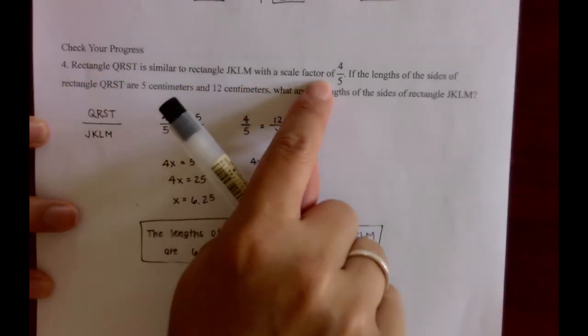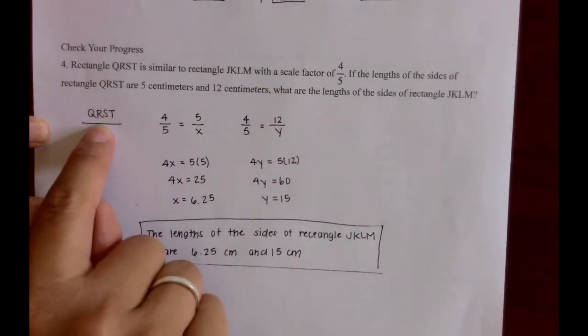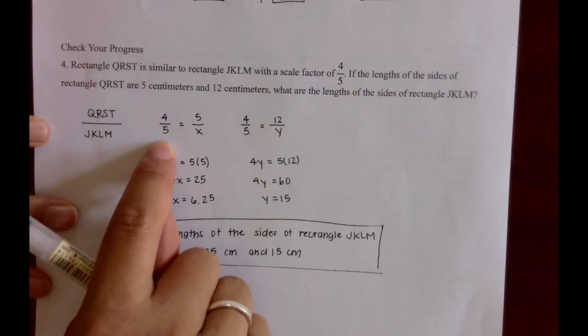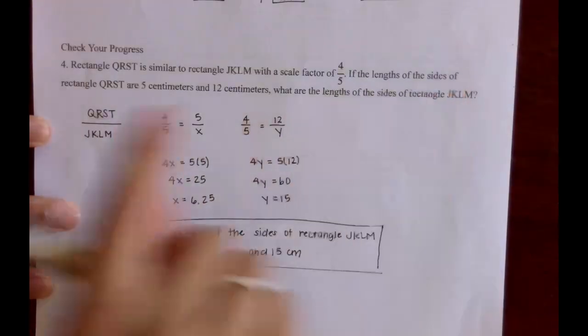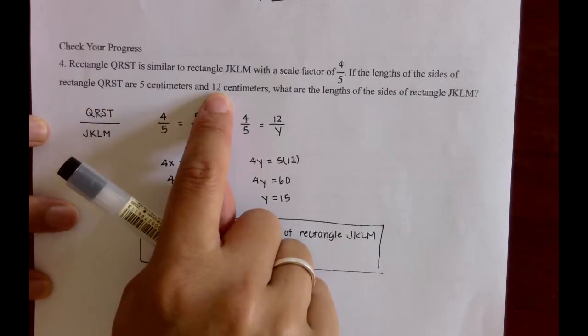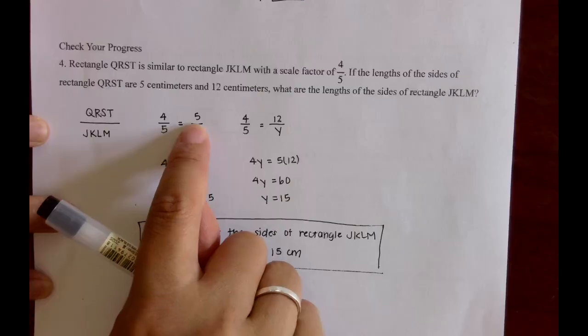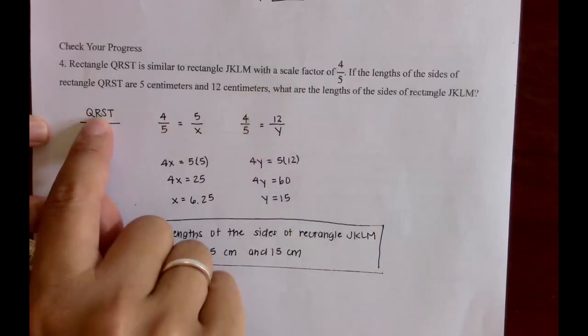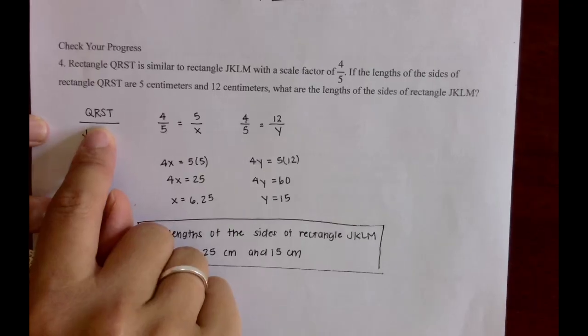So we know that the scale factor for QRST to JKLM is 4 over 5, or 4/5. We know that the lengths of the sides of rectangle QRST are 5 centimeters and 12 centimeters, which is why you see it on top of here and here for our proportion, because that 4 corresponded with the QRST. Right.